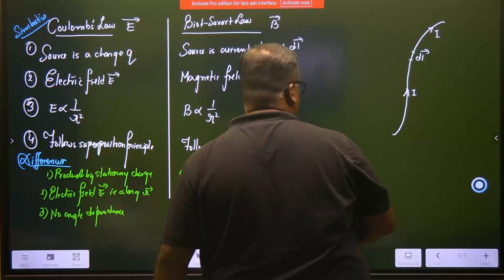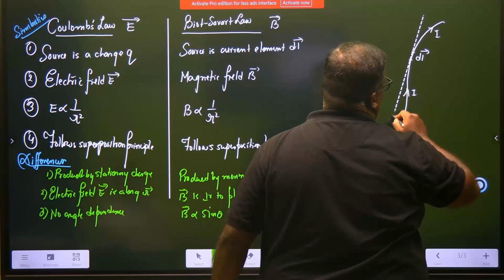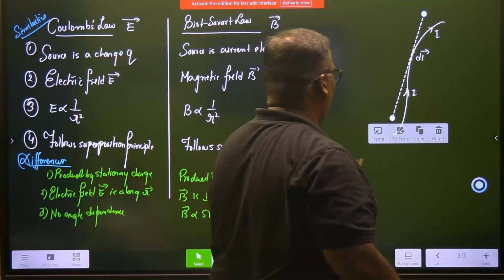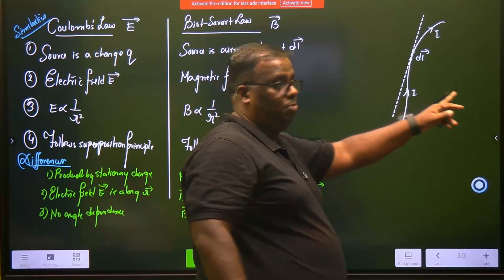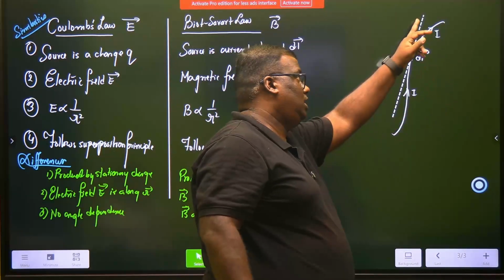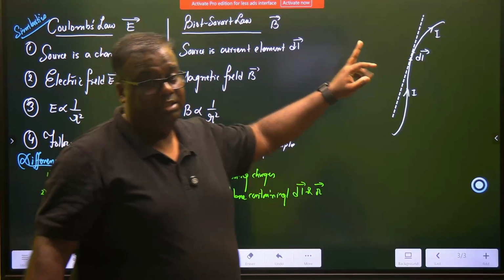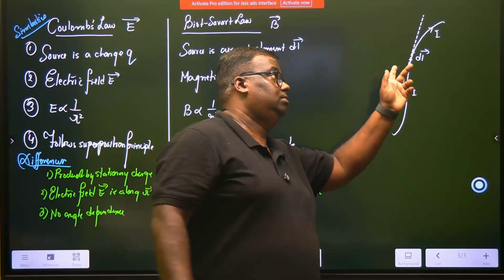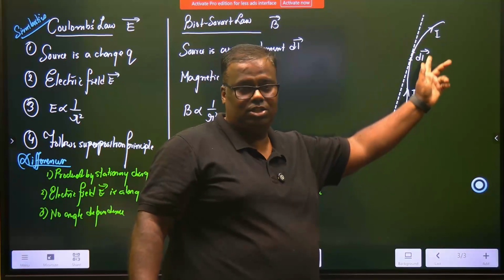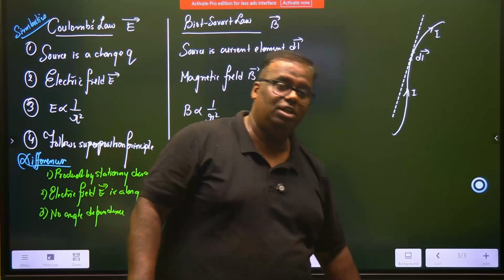If the P point lies on the extension of the current element, then the magnetic field will always be 0, because then your r will be along this direction only, or in this direction. Theta will be either 0 degrees or 180 degrees.